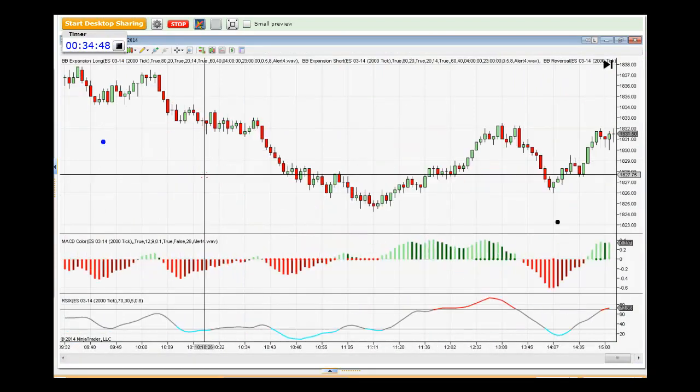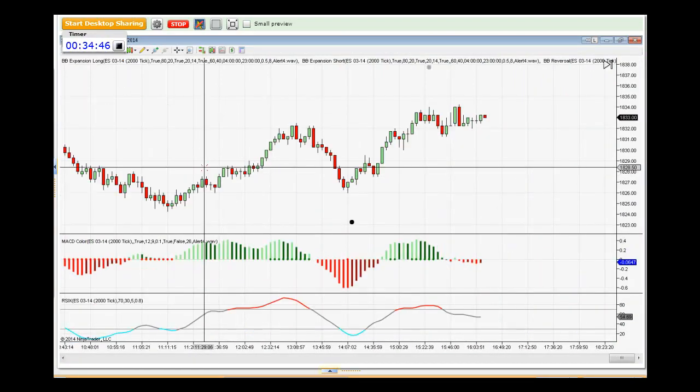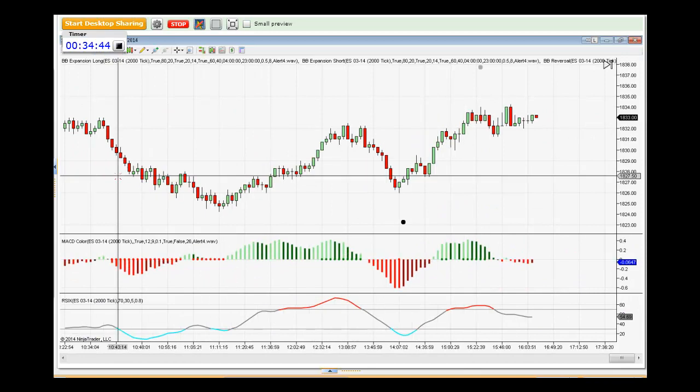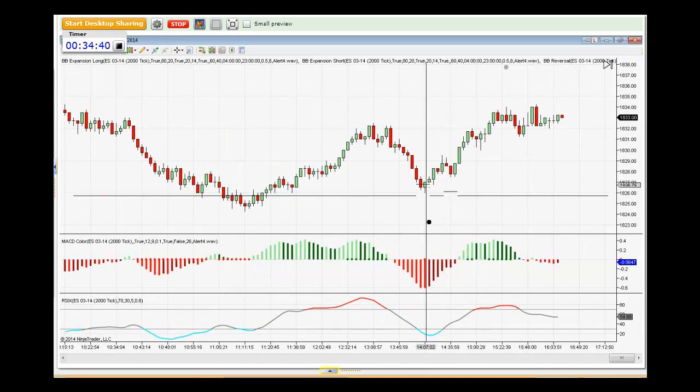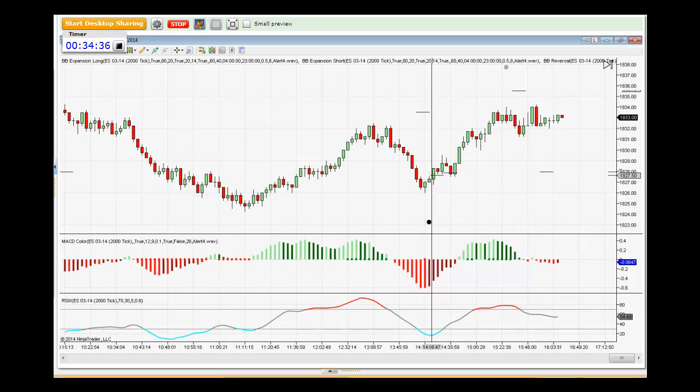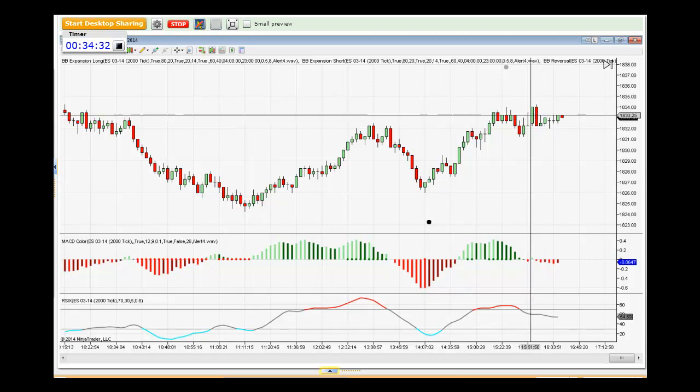Somebody said something about the ES contract being a little wild this morning. It's a 2,000 tick. We had a nice trade here at about 2 o'clock in the afternoon after the market bounced. I'm a firm believer in less is more.